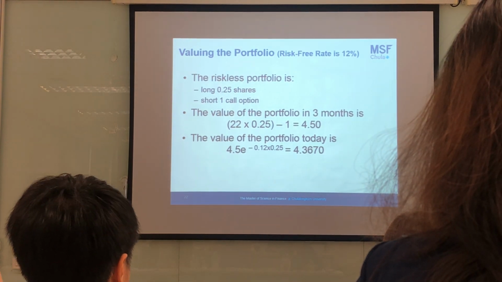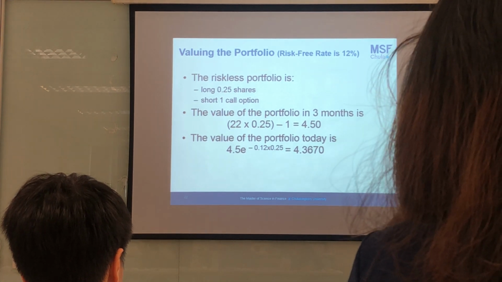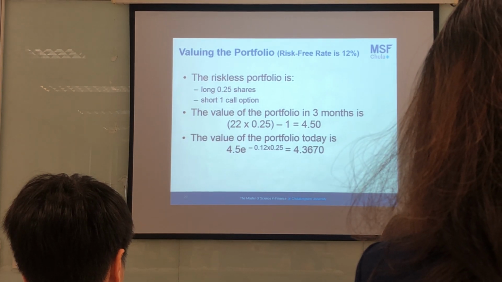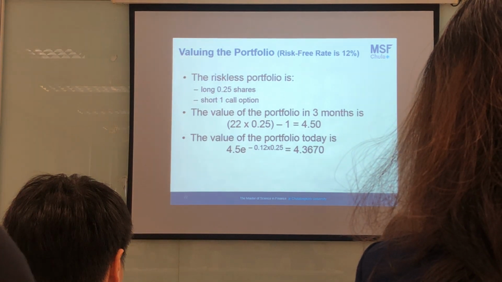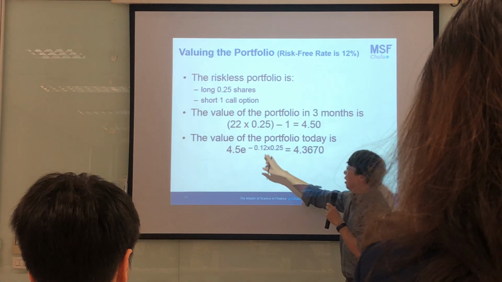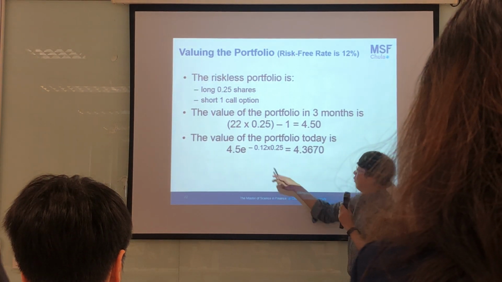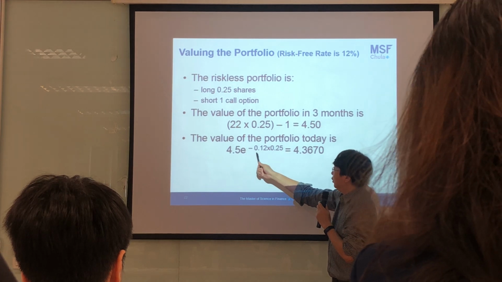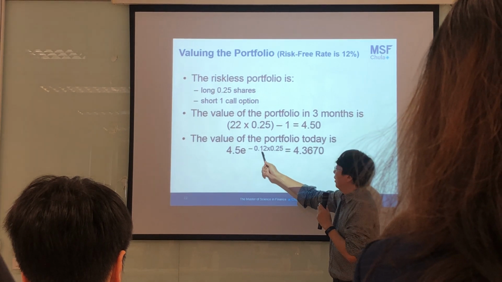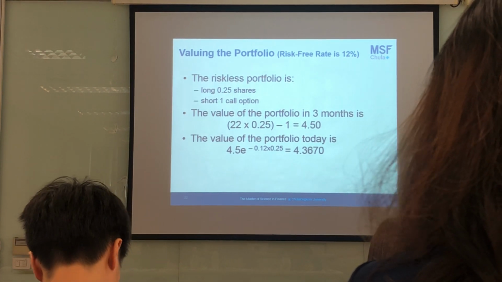As I mentioned, this portfolio is riskless. So the value at time 0 should be discounted by the risk-free rate, because this portfolio should earn the return equal to the risk-free rate, which is assumed to be 12% per year. By using continuous time compounding, 4.5 will be discounted to time zero by e to the power of minus R, the risk-free rate per year, multiplied by T. You can use discrete time too.